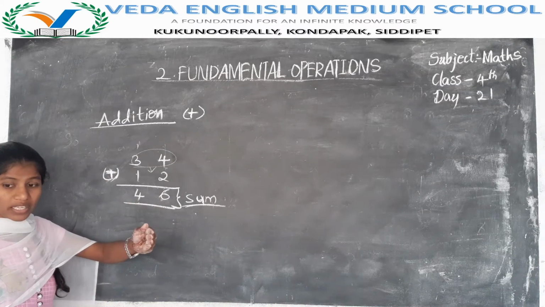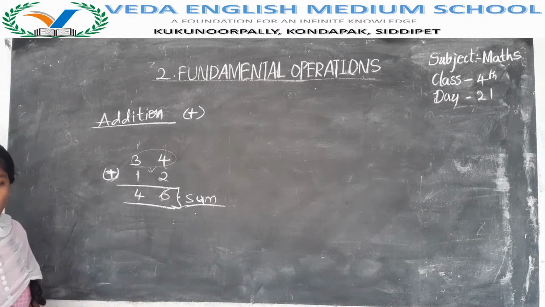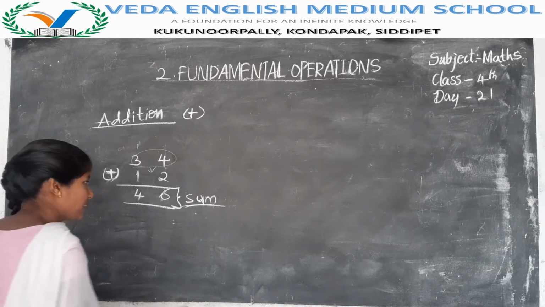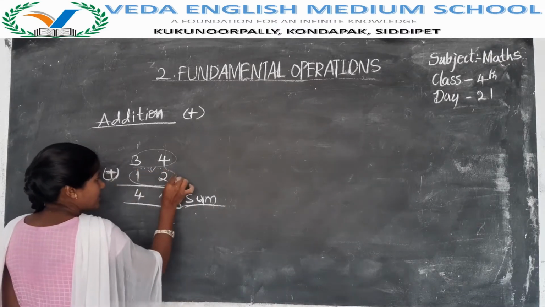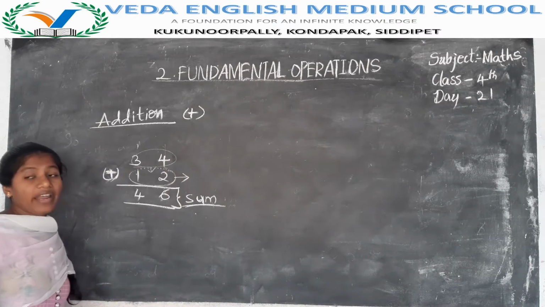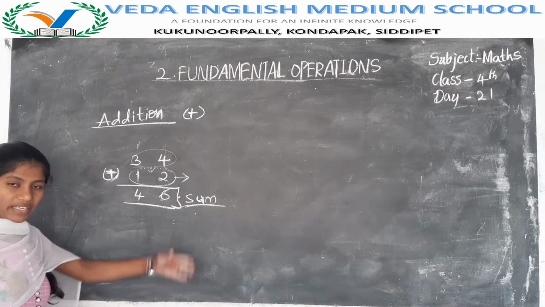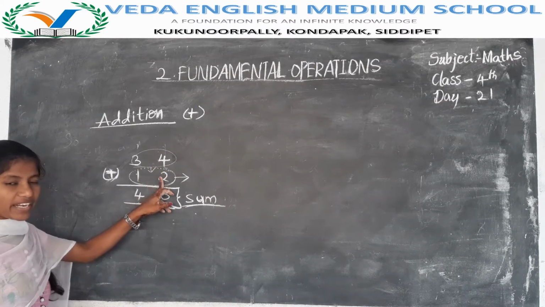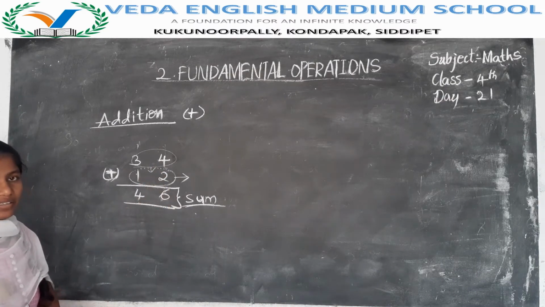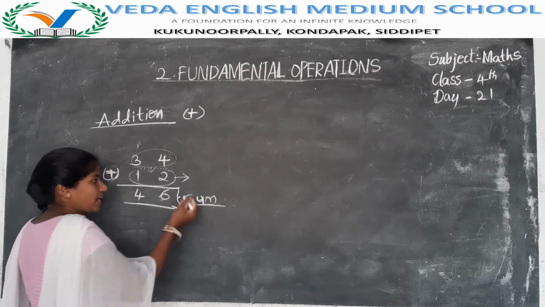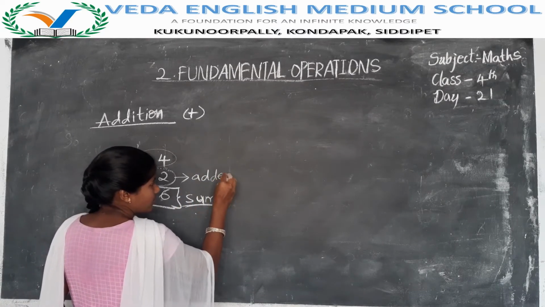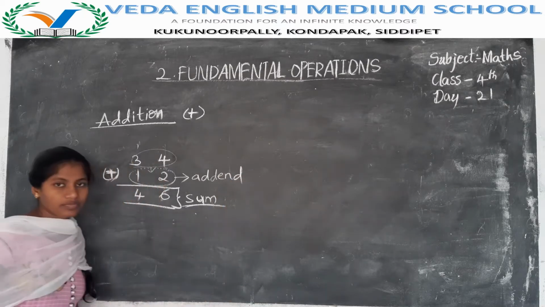The numbers we add are called addends. The number to be added is called addend. If you are adding more than one, then you have to say addends.